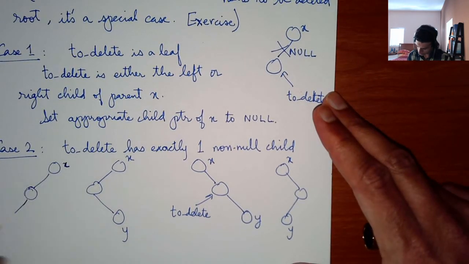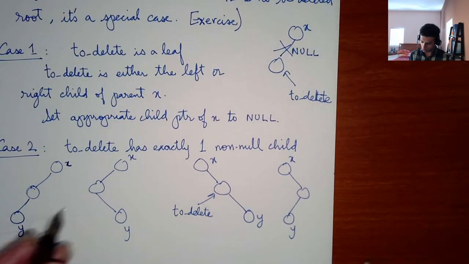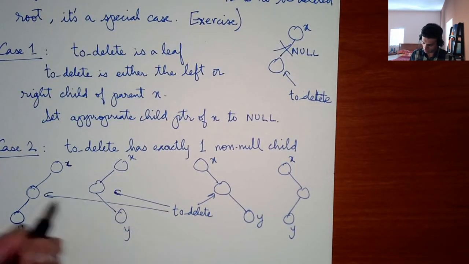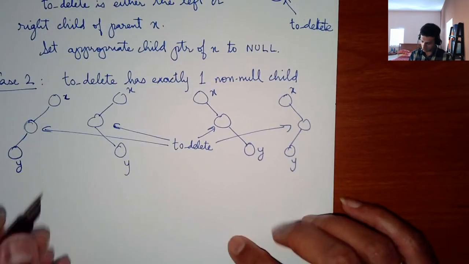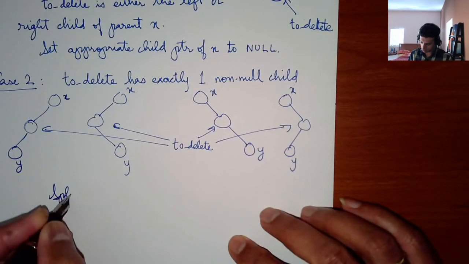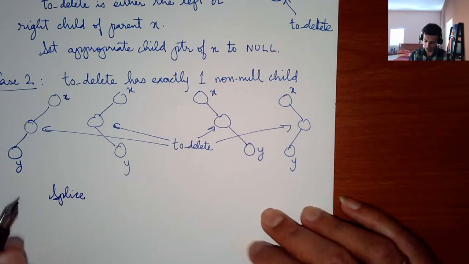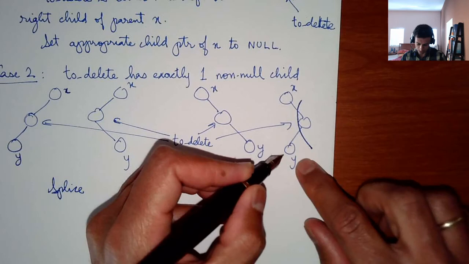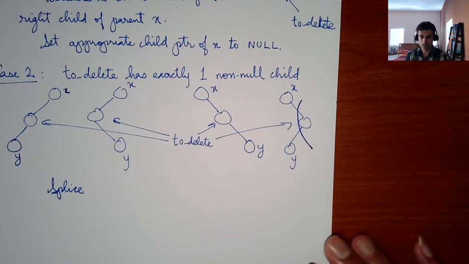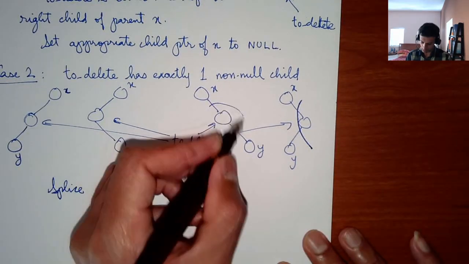And so there's X, and that is Y. Right? So toDelete is basically the middle node here. So in this case, you can splice. Splice means you can just remove that node, and you just make Y become a child of X. So you simply remove that node.